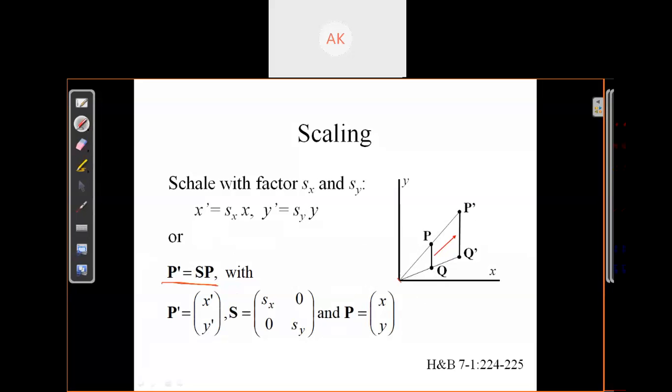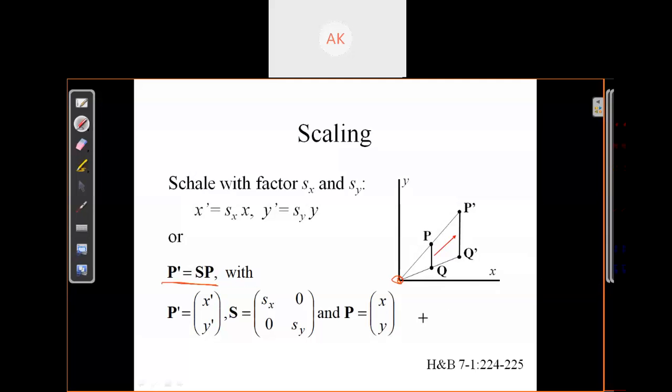In this case, our fixed point is the origin. This fixed point may be a vertex of your object, a centroid of your object, or any point. It doesn't mean it has to be inside your object.